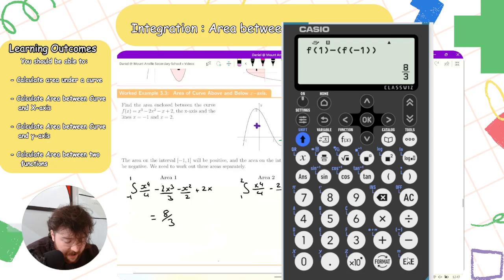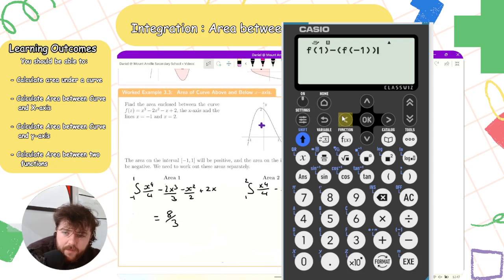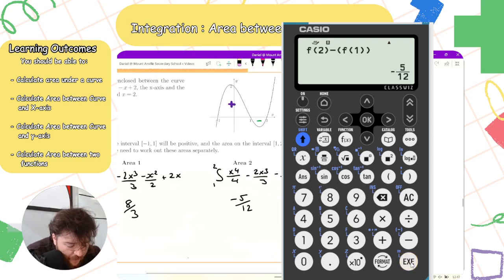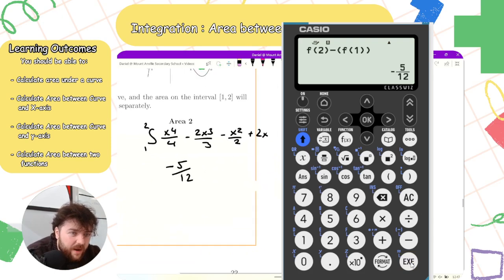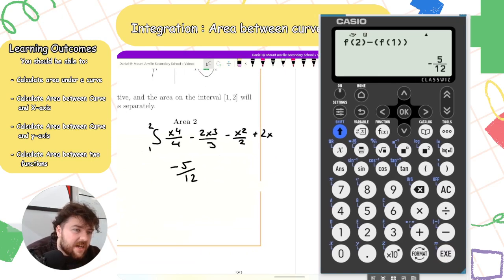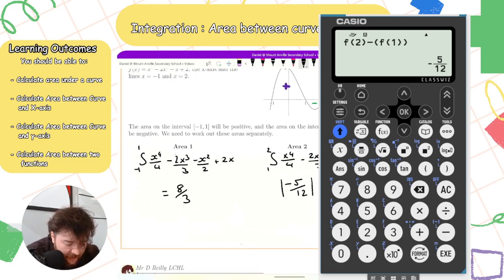So my first area is 8/3. My second area, I'm now integrating between 1 and 2, so f of 2 minus f of 1. That's going to give me minus 5 over 12. But remember, I can't have negative area, so I just take the absolute value of that, which is 5 over 12.